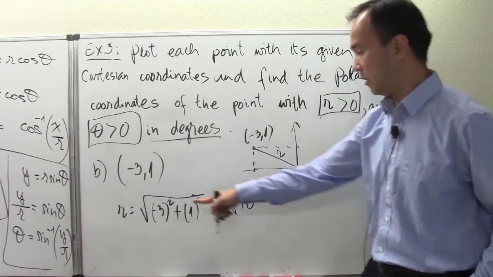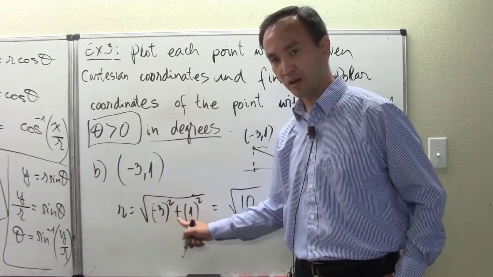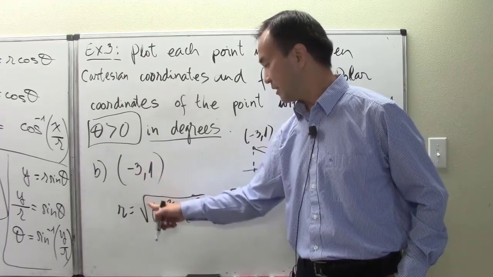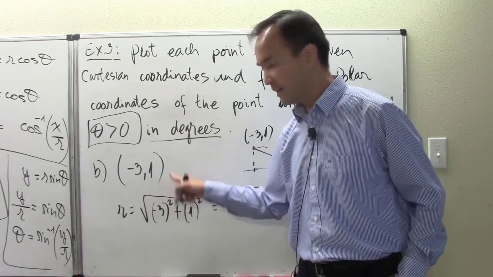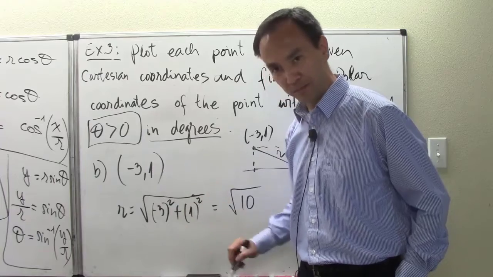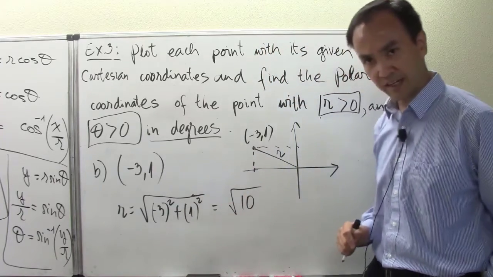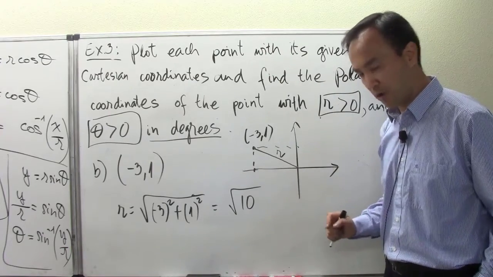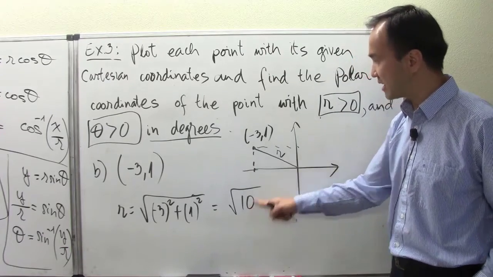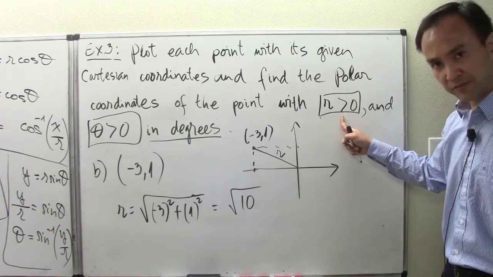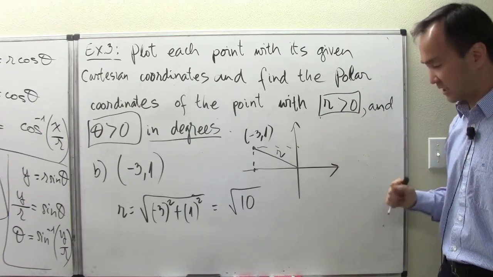So r equals the square root of x squared plus y squared, where x squared is (-3) squared and y squared is 1 squared. That's how I ended up with the square root of 10, an irreducible root. Let's leave it like that. So that's simple for radius, and we already had the radius as a positive expression. That's a good check right here.